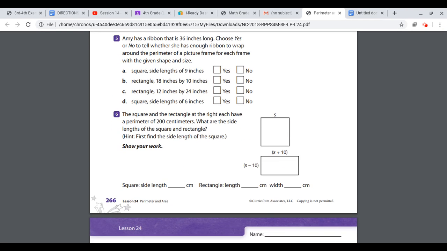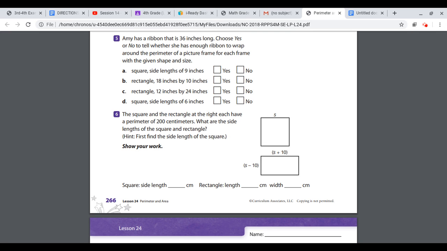And 6, the square and the rectangle at the right each have, I need to wake up, I'm yawning. Each have a perimeter of 200 centimeters. What are the side lengths of the square and the rectangle? Find the side length of the square first.